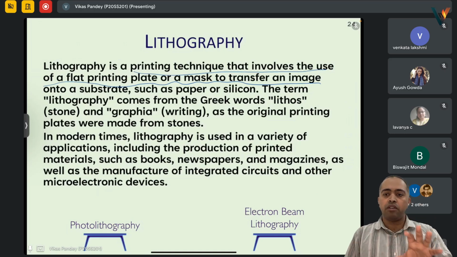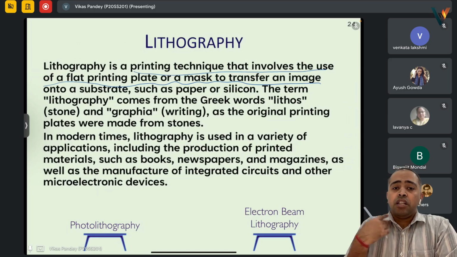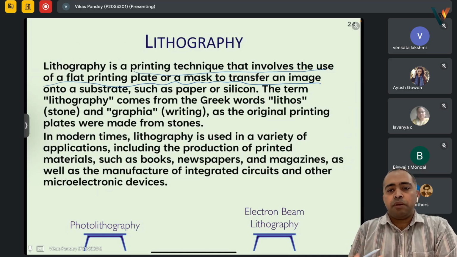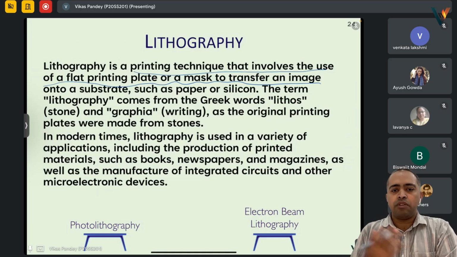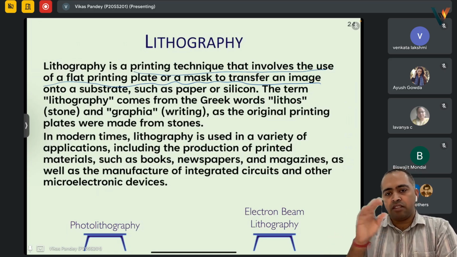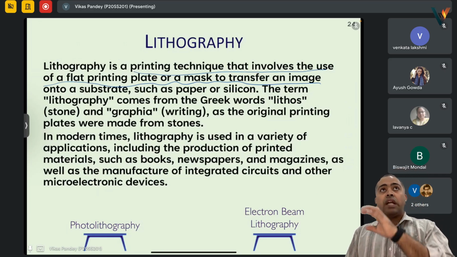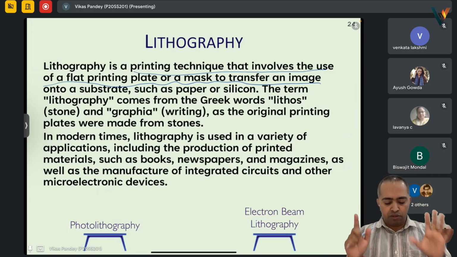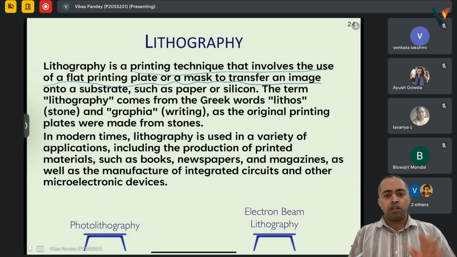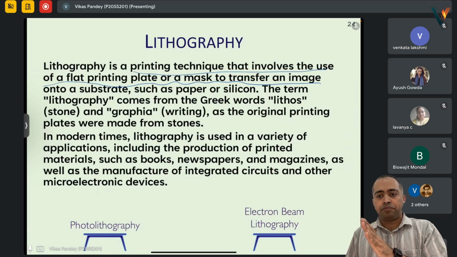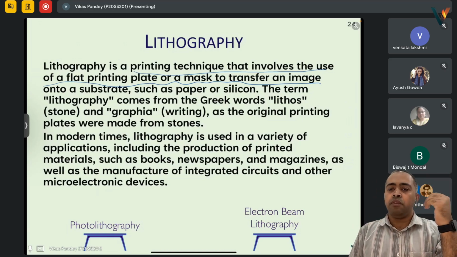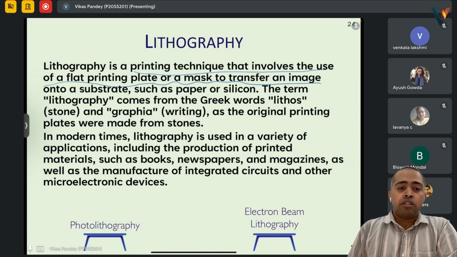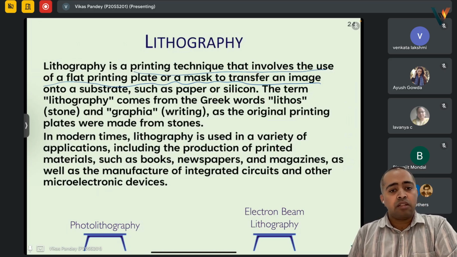First we make the pattern over a mask, then we transfer that pattern onto a substrate such as paper or silicon. The term lithography means stone writing. Earlier this technique was used to write things over stone, and from the cutout they would paint it and it would be printed over the stones. In modern times, lithography is used in various applications, including printed material such as books, newspapers, and magazines.